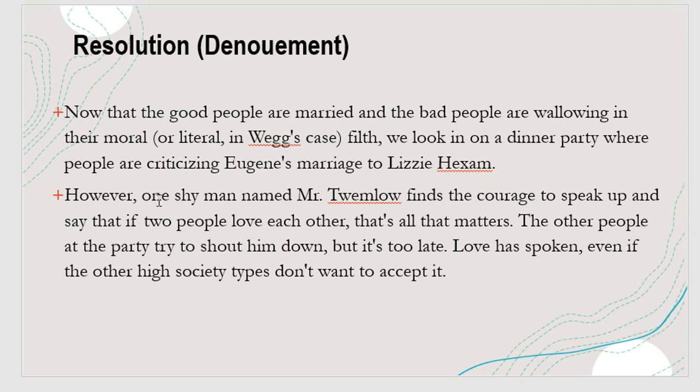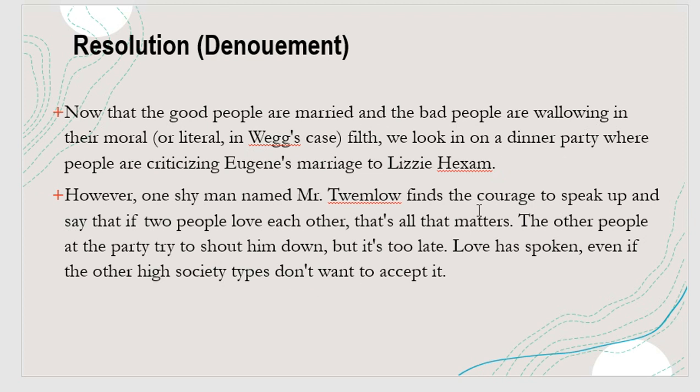But they married. However, one shy man named Mr. Twemlow finds the courage to speak up and say that if two people love each other, that's all that matters. The other people at the party try to shut him down, but it's too late. Love has spoken, even if the other high society types do not want to accept it.